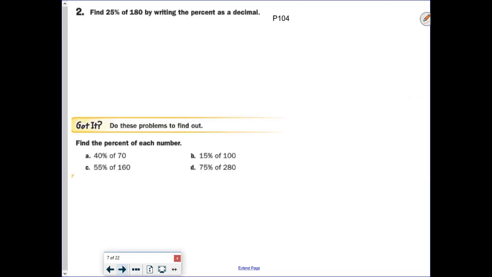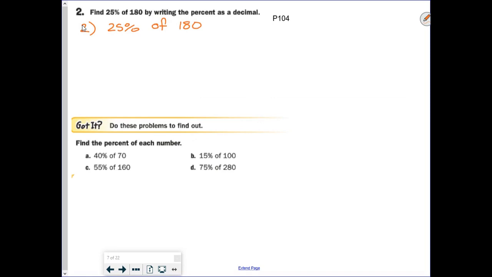Take a look at example number 2. It says find 25% of 180 by writing the percent as a decimal. So again, I don't need you to write the whole problem out, but I would like you to write the 25% of 180.